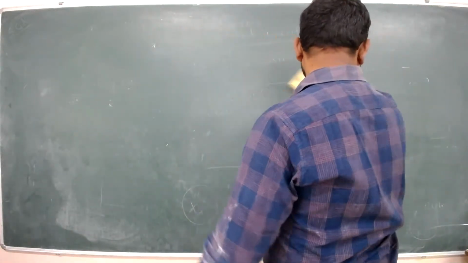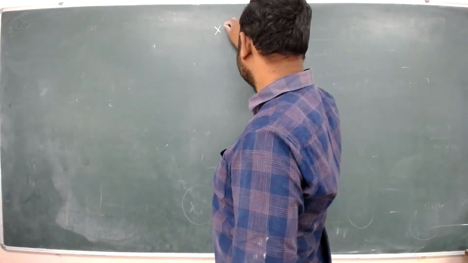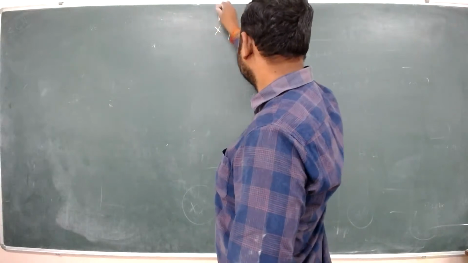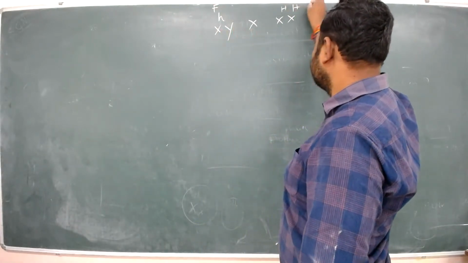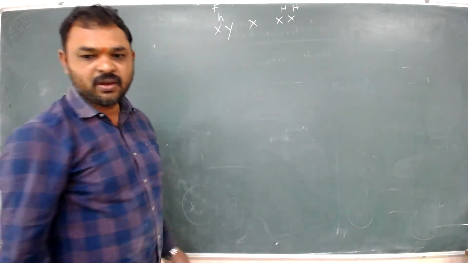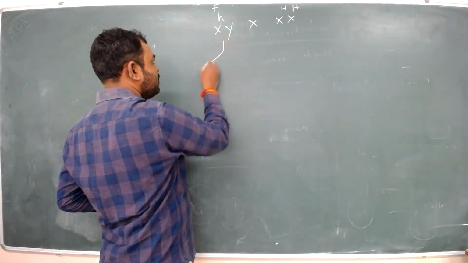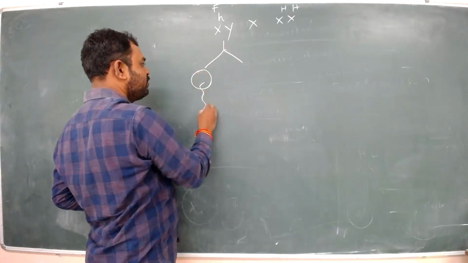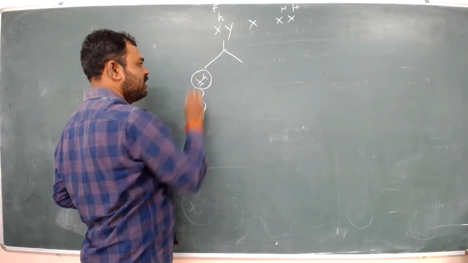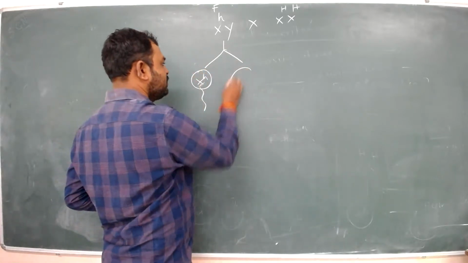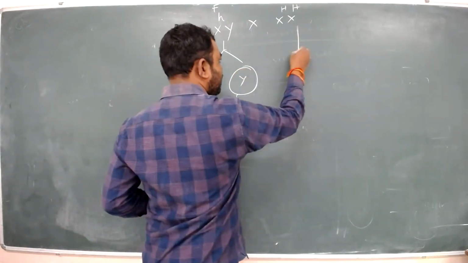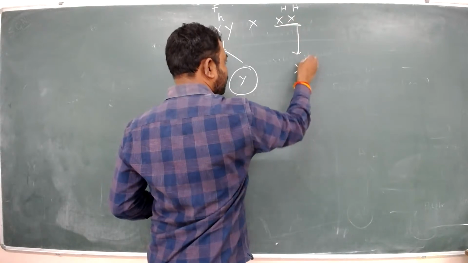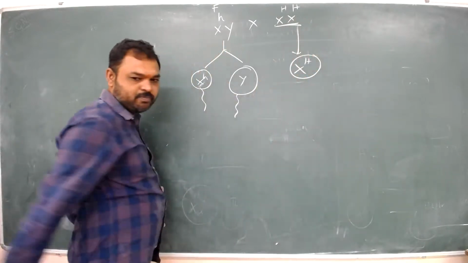If a marriage is held between father and mother, how many types of sperms can be produced? An X sperm, and a Y chromosome sperm from the father. The mother is in homozygous condition, so only one type of ova will come.